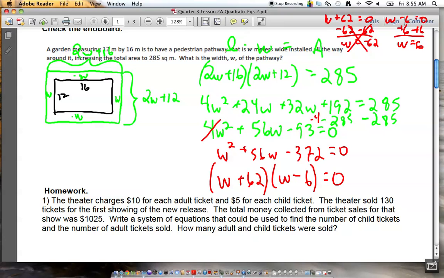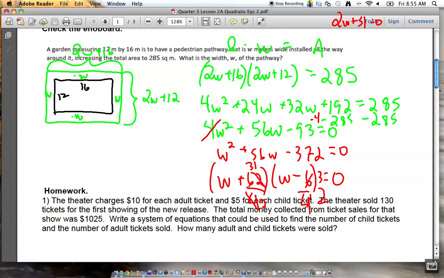My bad. So I've got to divide back in by 4. Sorry about that, guys. This reduces to 31 over 2, which becomes 2W plus 31 equals 0. And then this reduces to 3 over 2, which becomes 2W minus 3 equals 0.